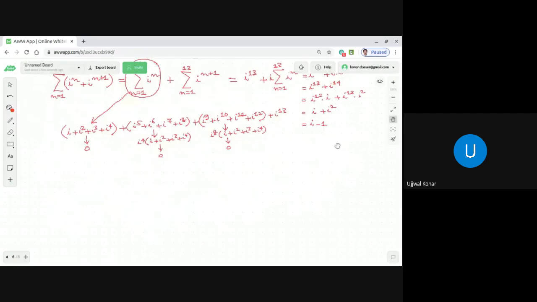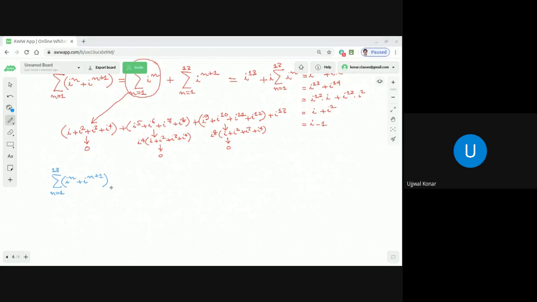How? Let me show you. Let me use a different color so that you can see the difference later. So what is the sum here, dear students? The summation of i^n plus i^(n+1), with n equal to 1 to 13.